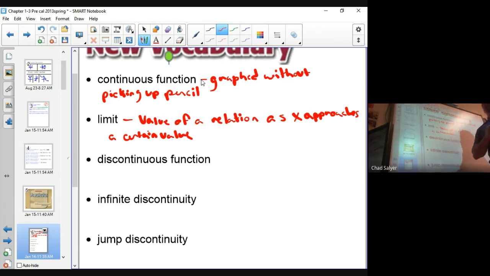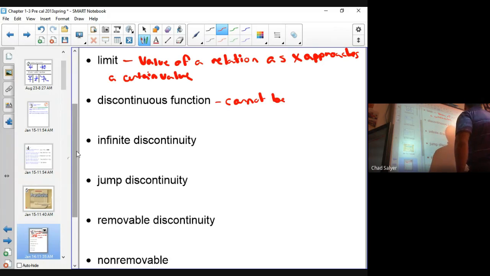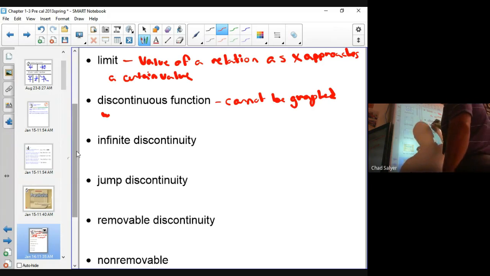Let's say division by 0 occurs at that point, so it's mathematically impossible. But you can get arbitrarily close to it, and we call that evaluation of the function as we approach a value, its limit. So a discontinuous function cannot be graphed without picking up the pencil.